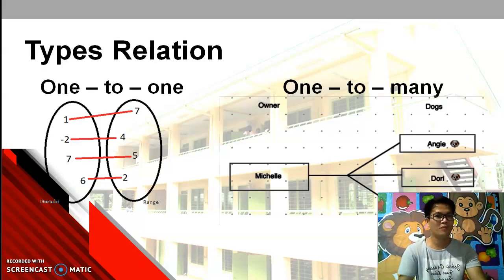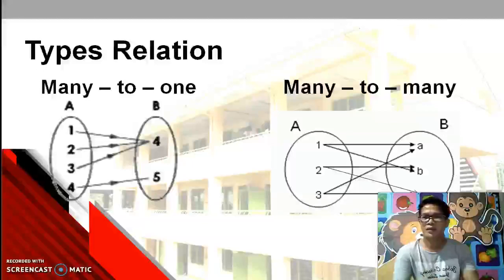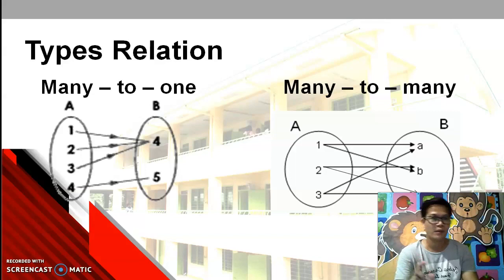So that's one-to-many. The other relation is the many-to-one relation. So 1 is paired to 4, 2 is paired to 4, and 3 is paired to 4, which means many elements of A, which are 1, 2, and 3, are paired to one element of B, which is 4. That's called many-to-one. While the 4 is paired to 5, the other elements.